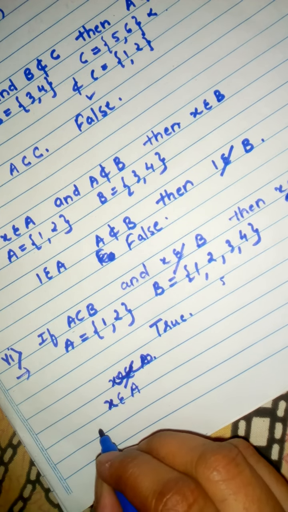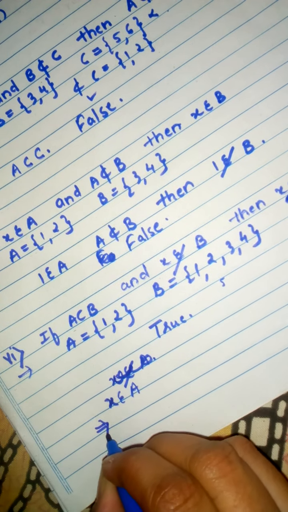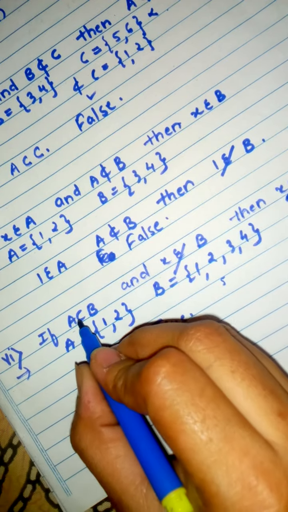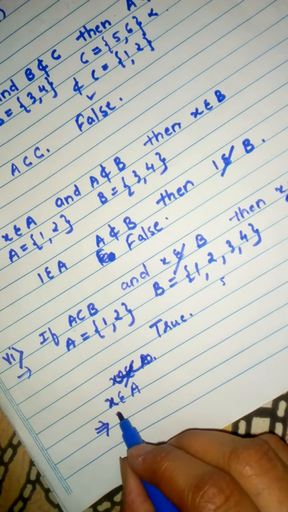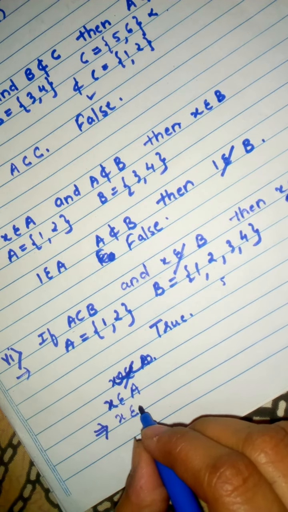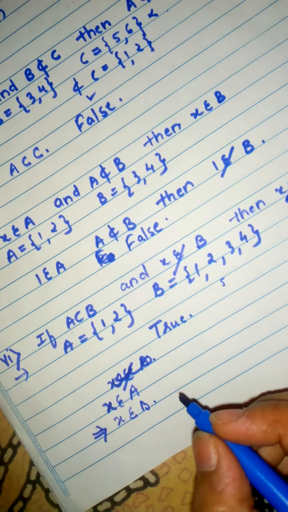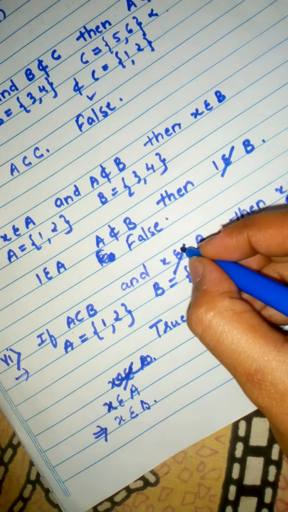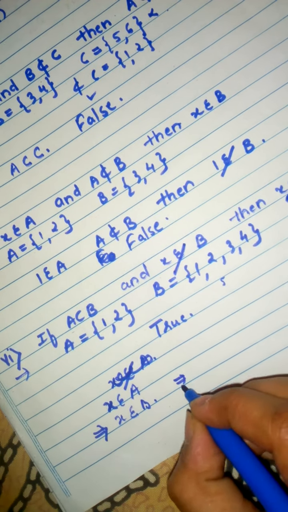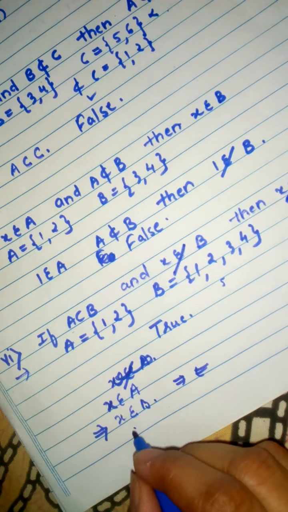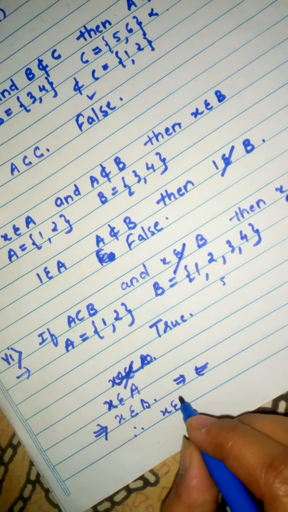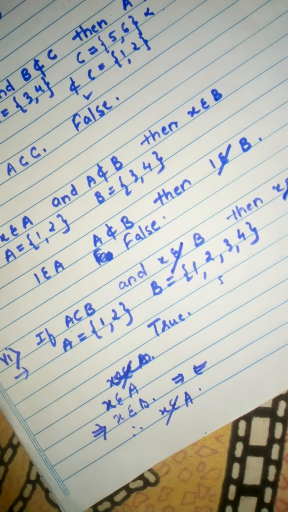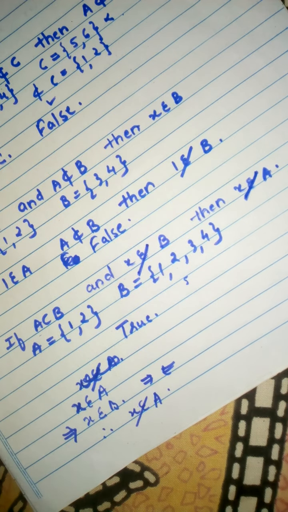If X belongs to A, this implies, since A is a subset of B, that X belongs to B also. But here what is given? X does not belong to B, so this is a contradiction, and from here we say that X does not belong to A.